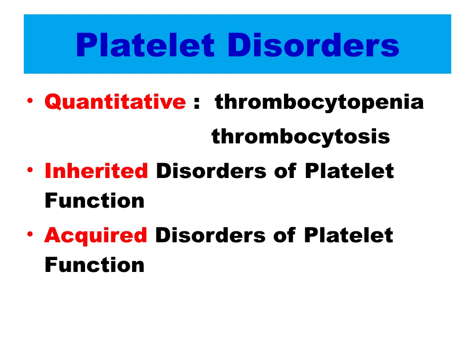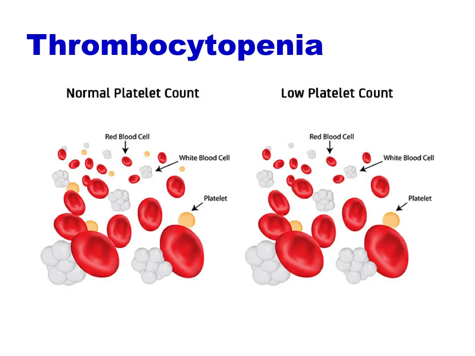Quantitative, it can be a decrease in number, which we call thrombocytopenia, or it could be an increase in the number of platelets, which we call thrombocytosis. Platelet dysfunctions or disorders can be inherited or acquired, as stated here.